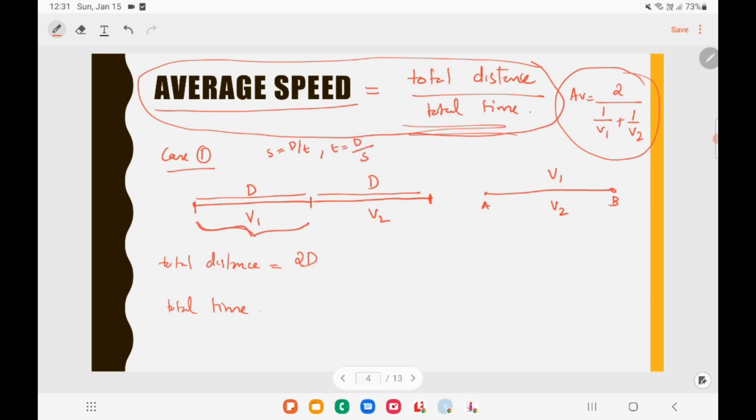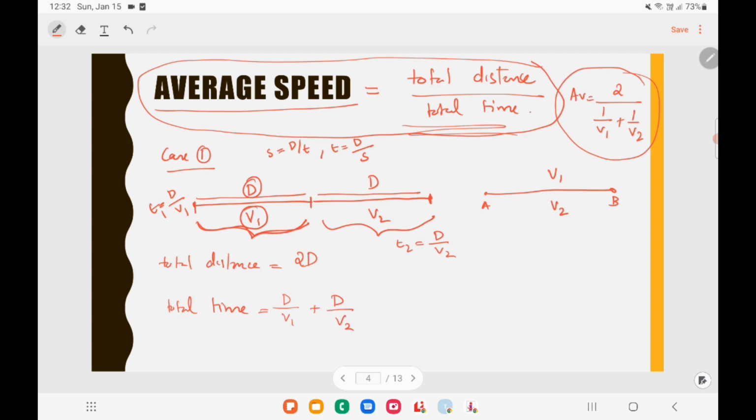Here the distance traveled is d and the velocity is v1, so t1 is equal to d by v1. For the other distance, the time t2 will be d by v2. So total time is t1 plus t2, that is d by v1 plus d by v2.